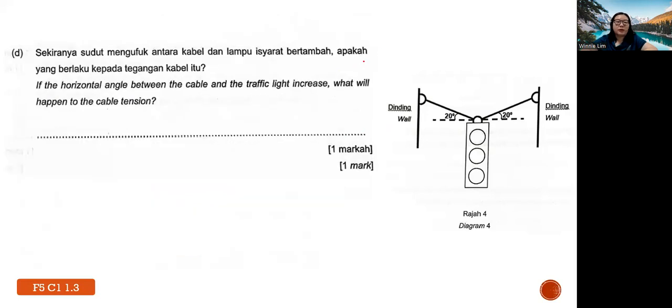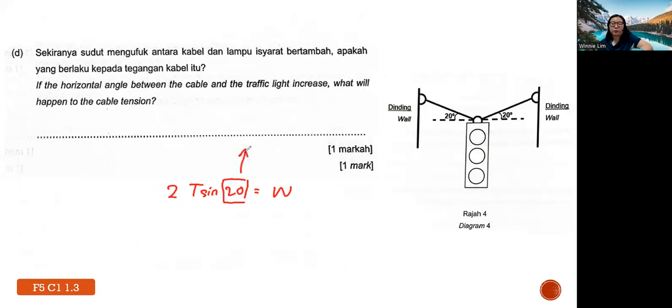Next, if the horizontal angle between the cable and the traffic light increases, what will happen to the cable tension? Based on the equation that teacher showed just now, you have 2T sine 20 equals to weight. This one is from the previous question. Now the context is, they say this angle becomes more.